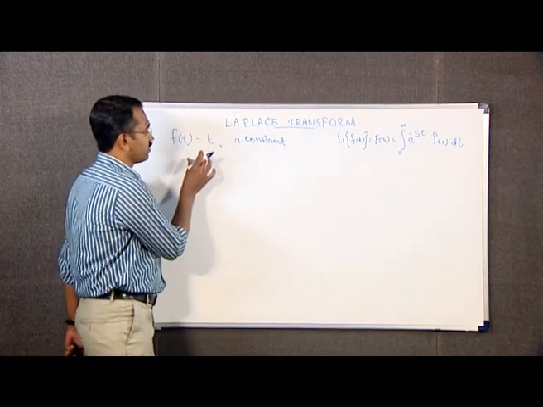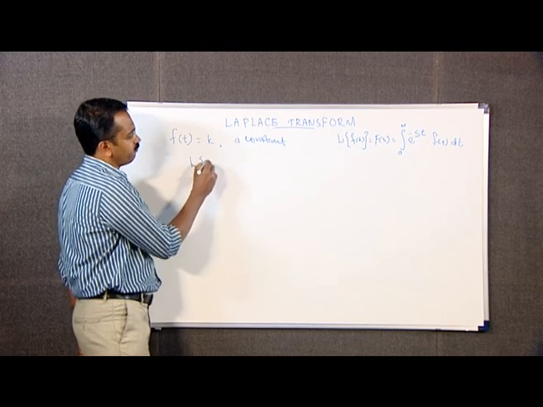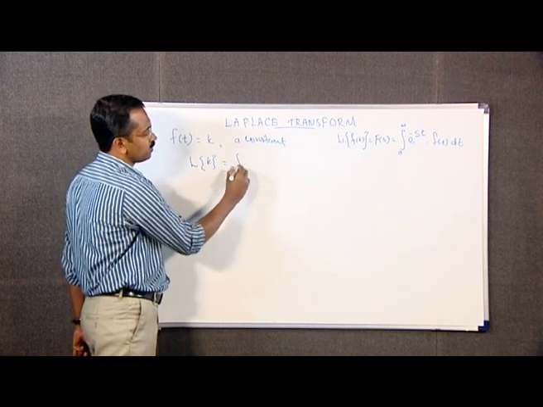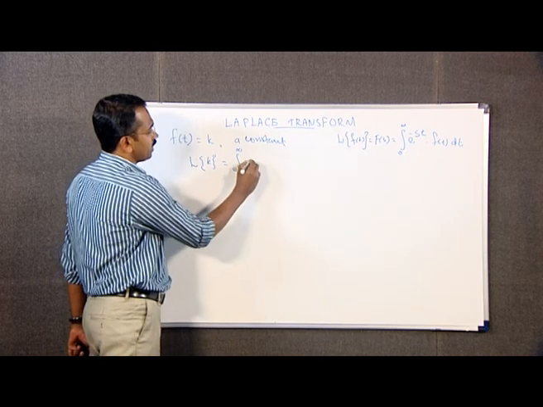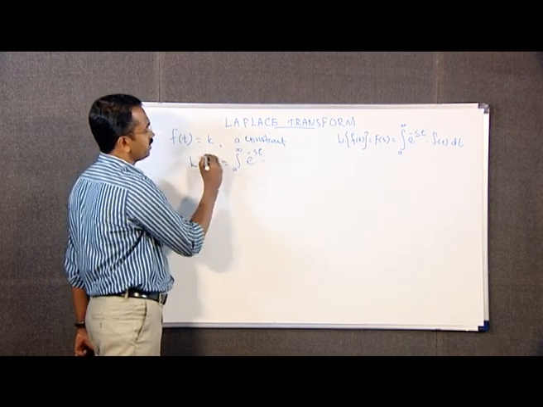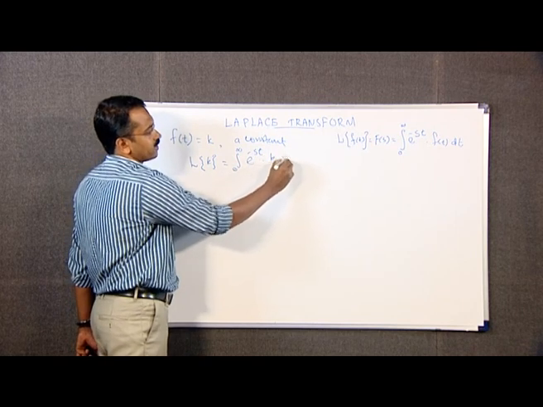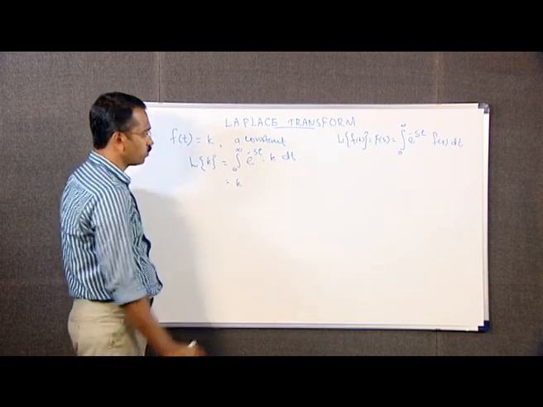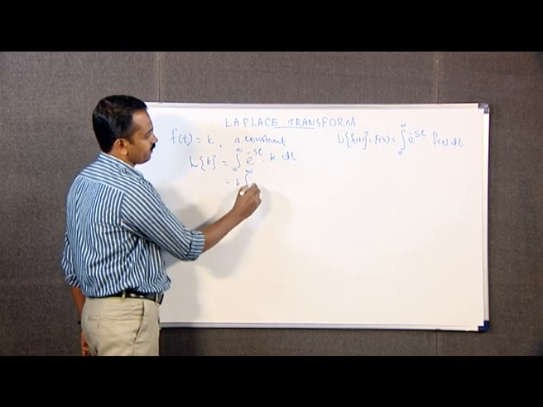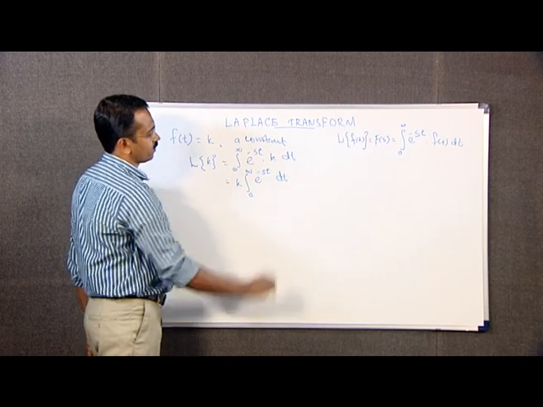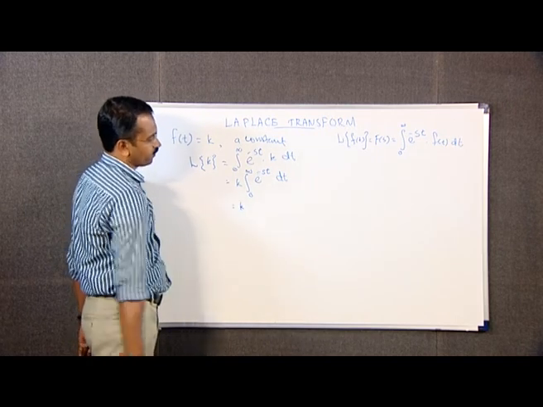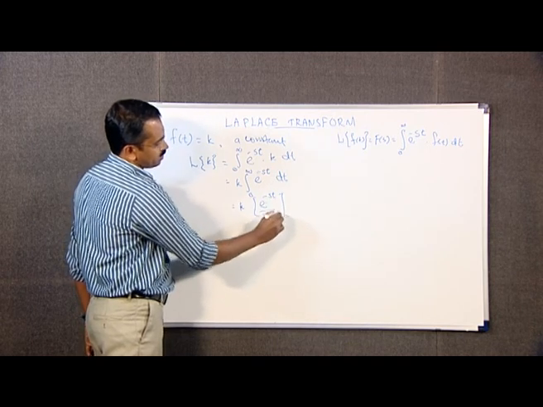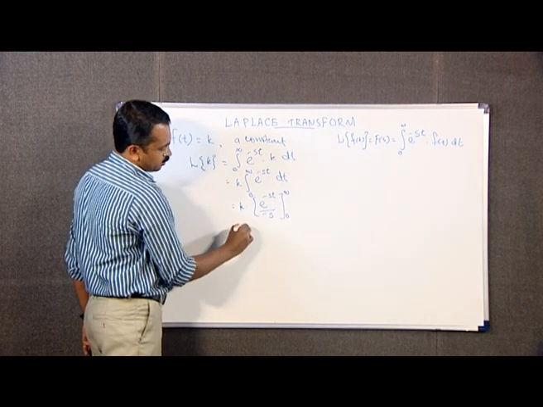Now, by this definition, we have L of k, where f of t is the constant function k, which is equal to the integral from 0 to infinity of e raised to minus st into k dt. k can be taken outside of this integral, that is k into the integral from 0 to infinity of e raised to minus st dt, which is equal to k into e raised to minus st divided by minus s between the limits 0 and infinity.